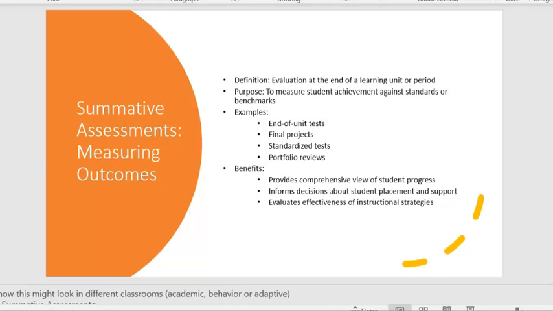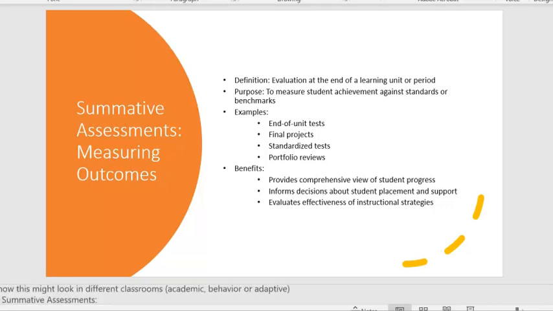They inform decisions about student placement and how much support they need. They also evaluate effectiveness of instructional strategies. And again, this can look different in all different types of classrooms. So some classrooms might be doing high stakes exams and final exams, could be doing like term papers and projects, portfolios and performances.